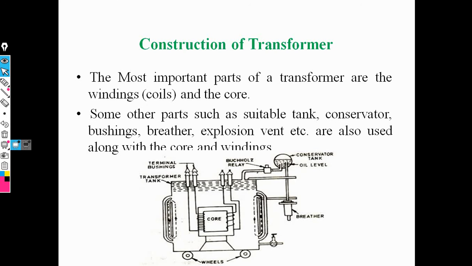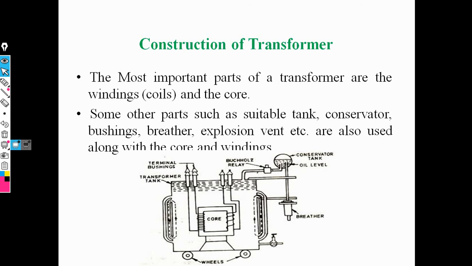The conservator tank is useful to easily check the level of the transformer oil. Then the bushing is provided to protect the system and to control the overall working of the transformer.